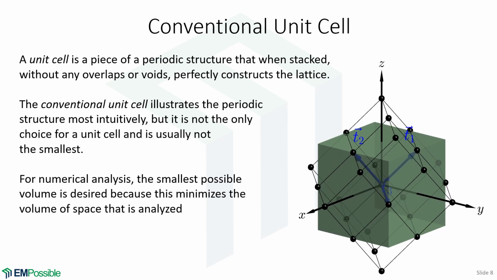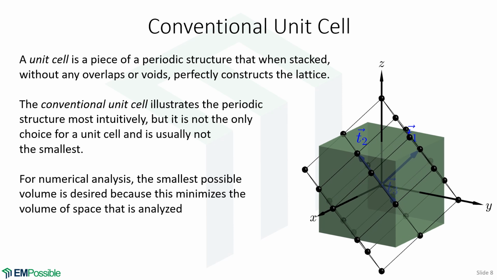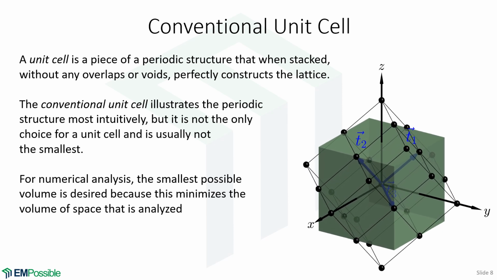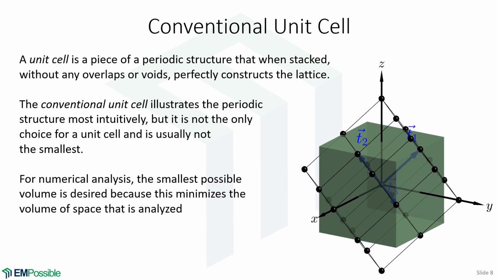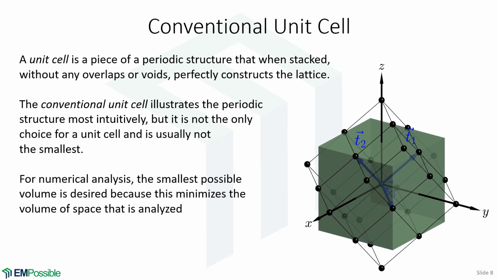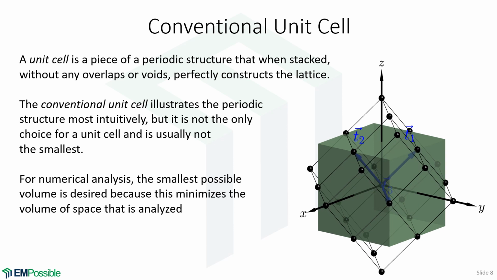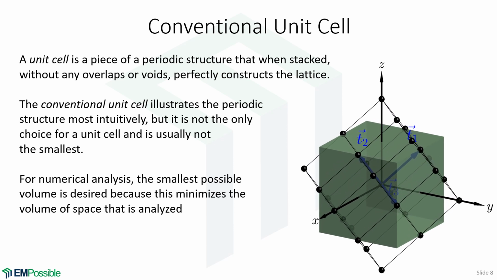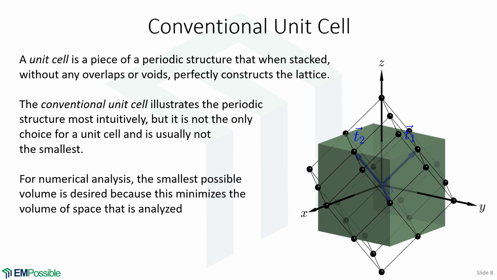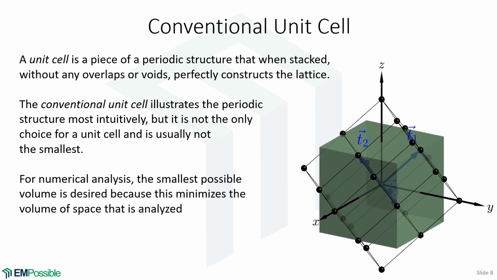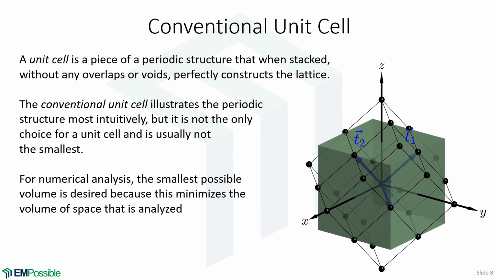And in fact, when we have a periodic structure, there's lots of different unit cells that we can define. Usually when we do Google searches on this, we see pictures of the conventional unit cell, and these make it very intuitive to look at that unit cell and understand what the full lattice would look like. However, these conventional unit cells are often very large, and we can define unit cells that are much smaller.